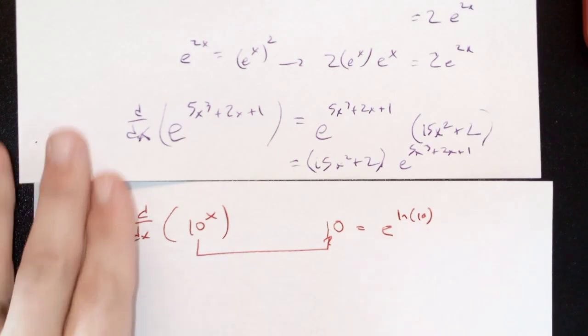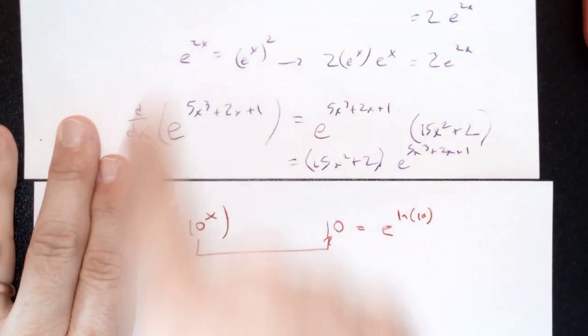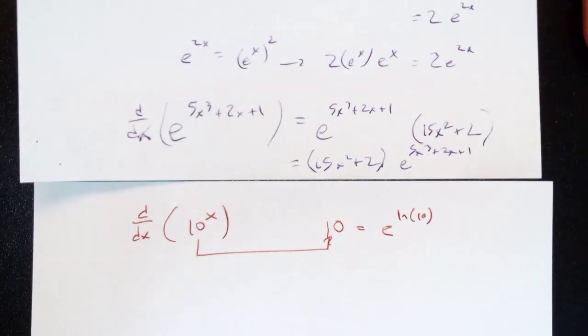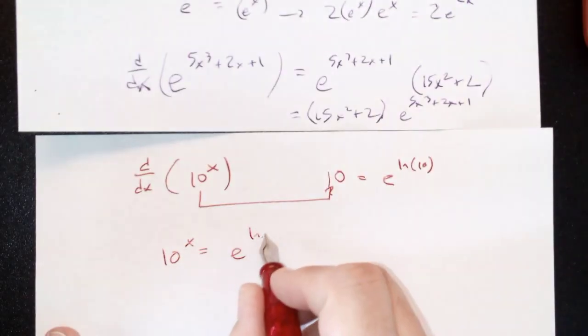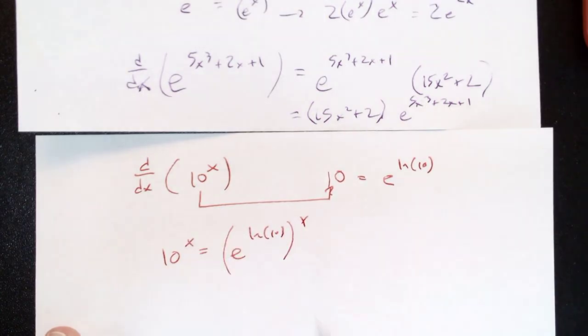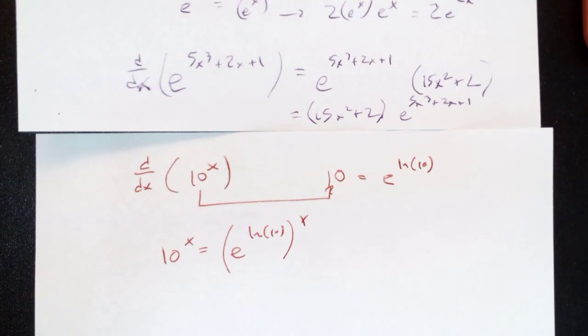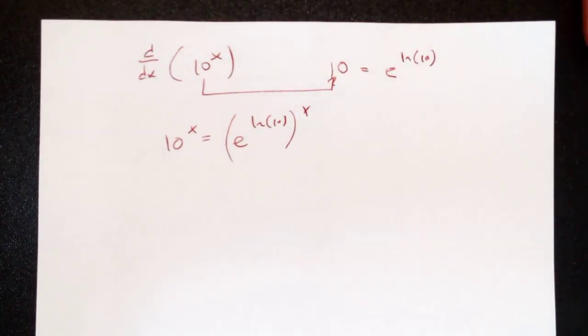Just like 2. I can write 10 to the x as this to the x. But I now have a power of a power, which means I multiply my powers together.